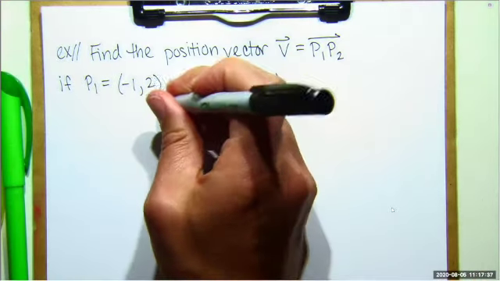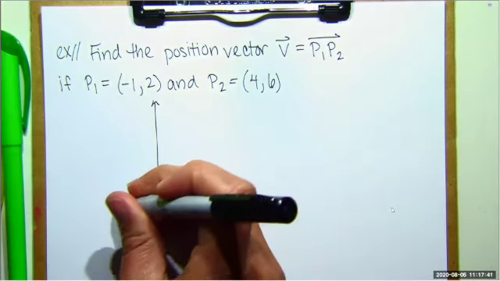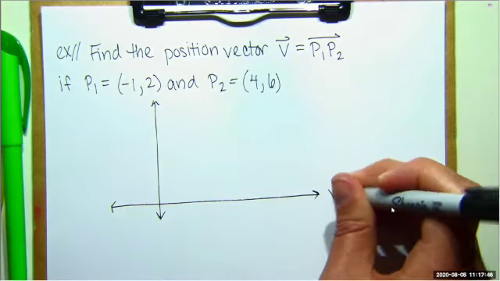So let's draw a picture. We can do this algebraically, but I want to draw a picture to make sure everything checks out and to convince you guys that this is indeed what works.